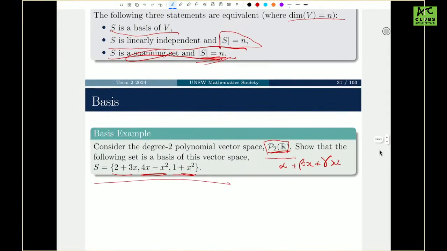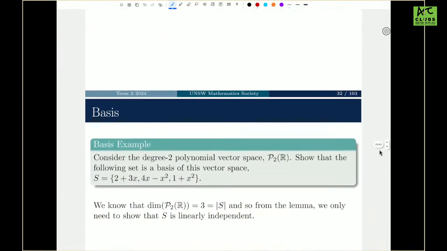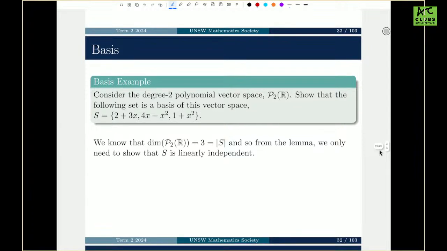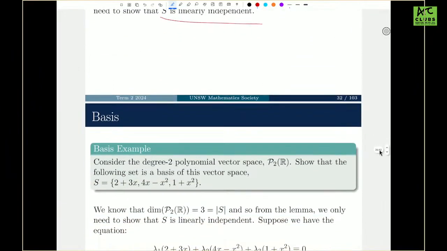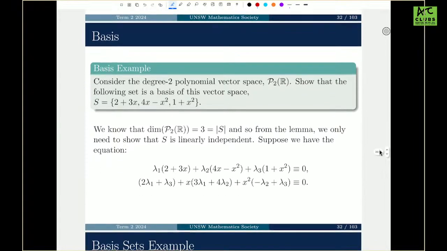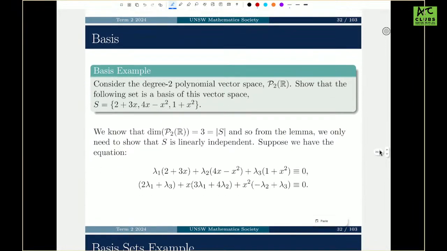Actually, it'd be more like the third thing, showing S is a spanning set, but hang on. Okay, yeah, we do know that the dimension of this is 3, and so we only want to show that, okay, we'll go with the linear independence one, which is: suppose that we have lambda 1, lambda 2, and lambda 3, such that this equals 0. Then we just want to show that that will imply that all these lambdas are 0.